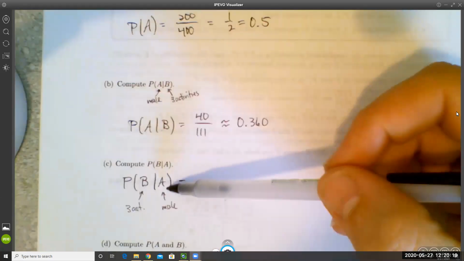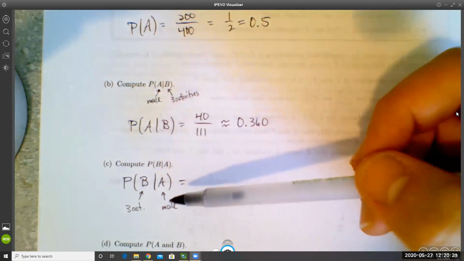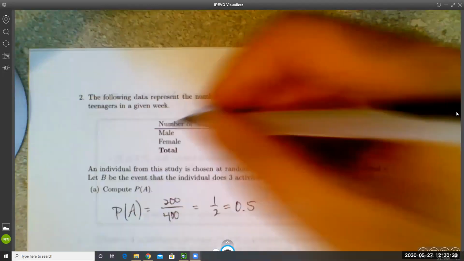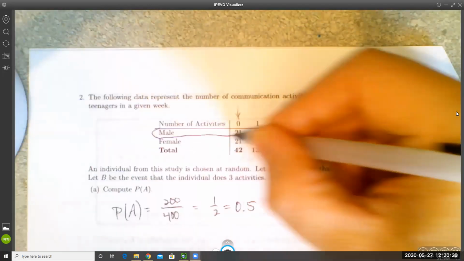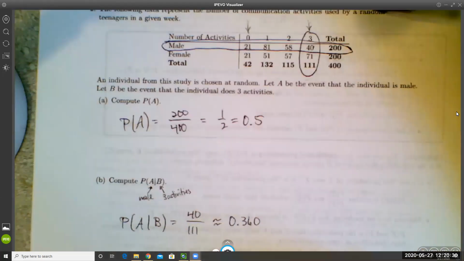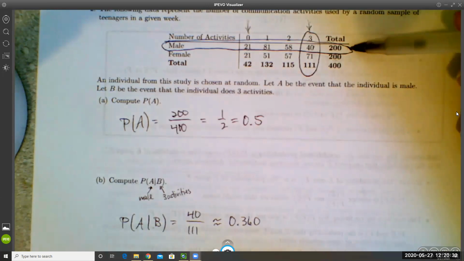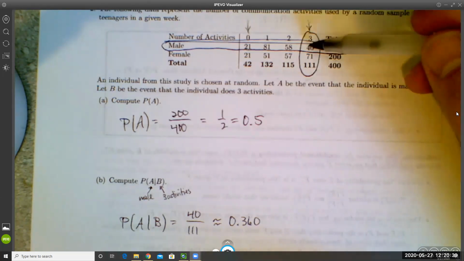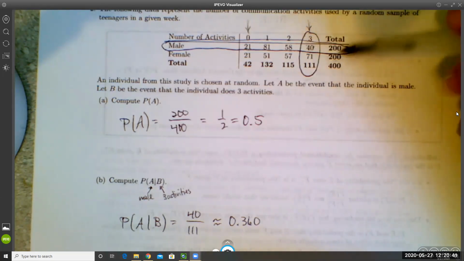This time we're restricting our attention to the males in the study, this row. And now we want to know, if the chosen individual is a male, what's the probability they did 3 activities? And that would be 40 out of 200.